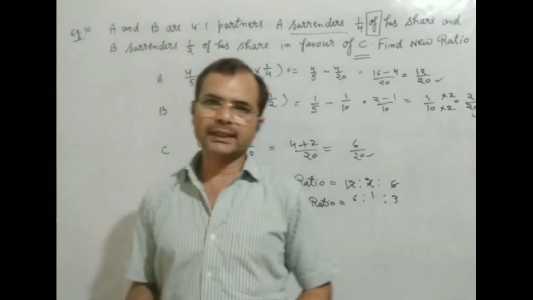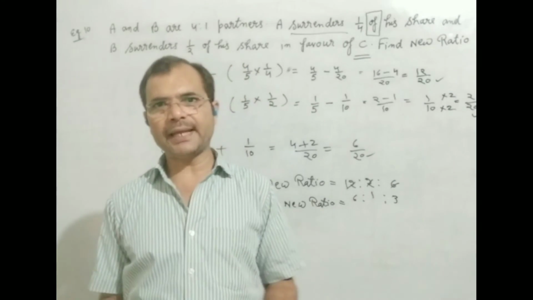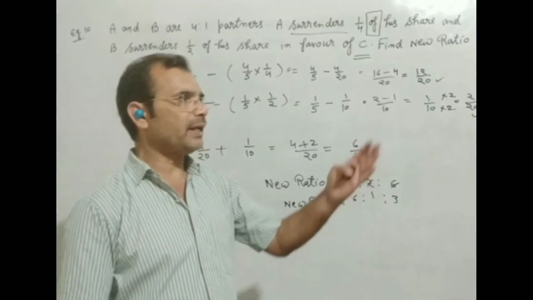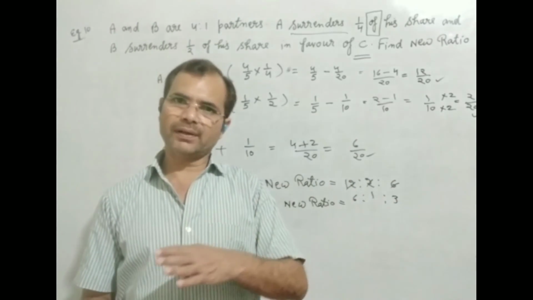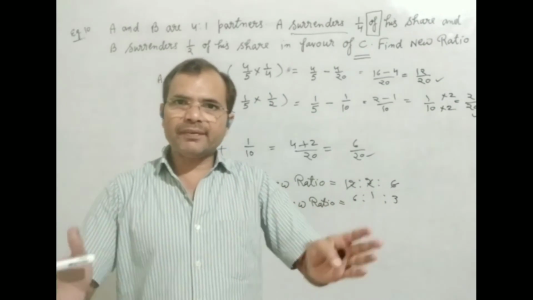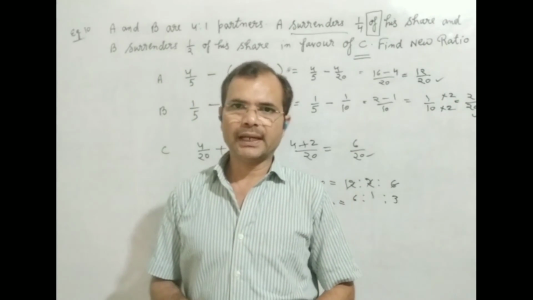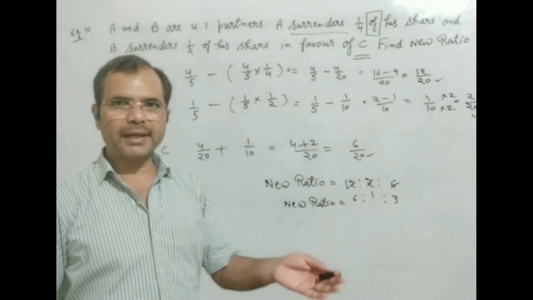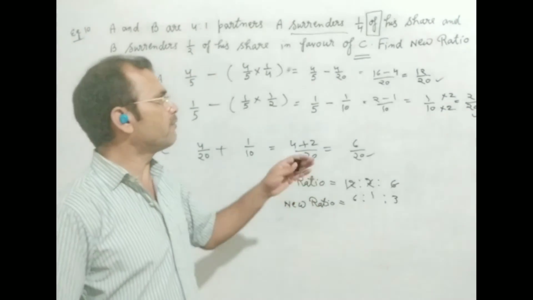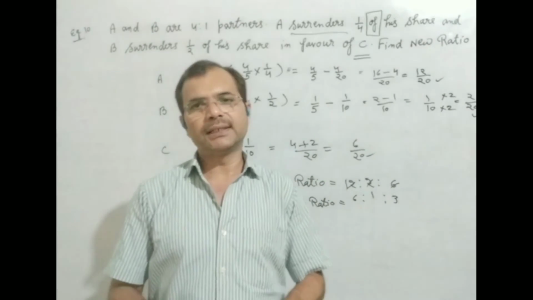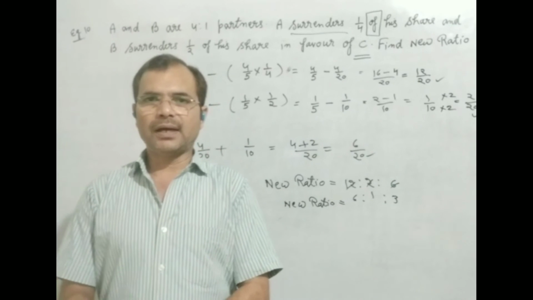So students, I think you have understood all the 10 situations when a new partner is admitted in the firm. At that time, different types of situations are there. According to the problem, according to the condition, we will solve the problem and find the new ratio and sacrificing ratio. Now till then, thank you.